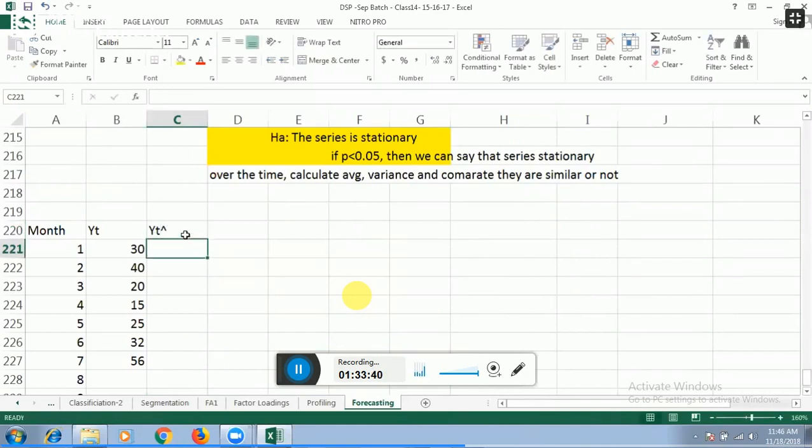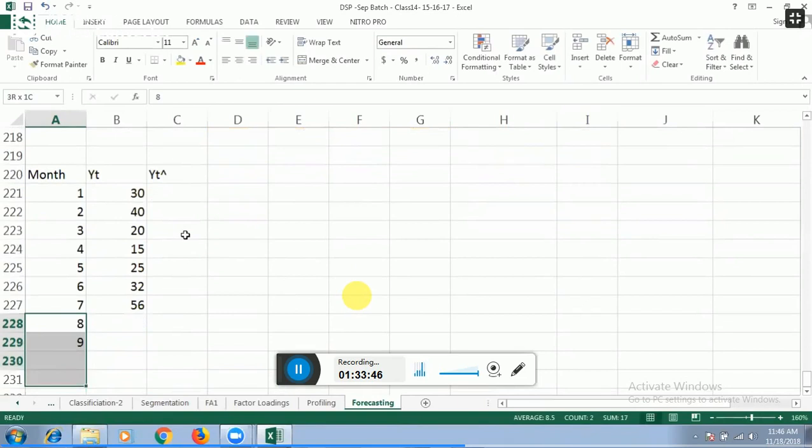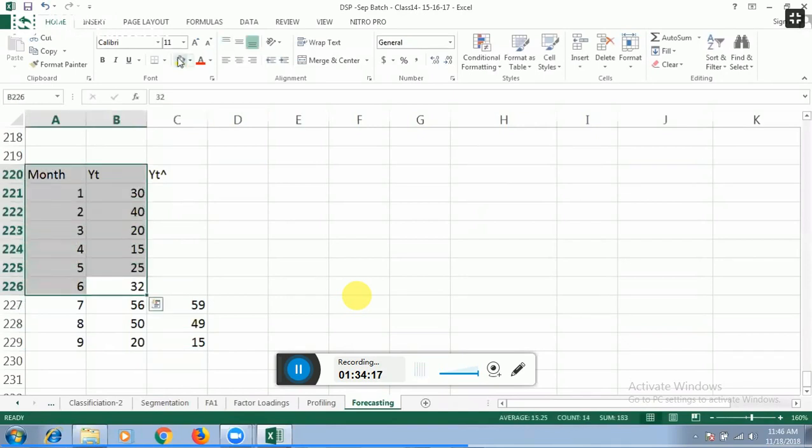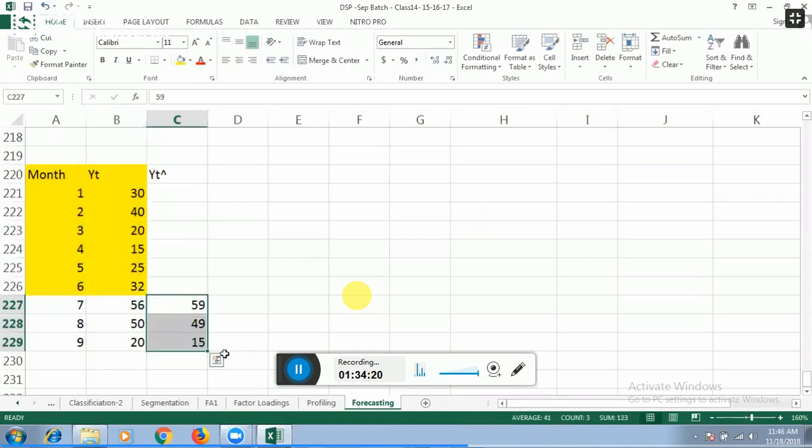I come up with some kind of model, and I use the data for 6 months to build the model and want to forecast for the next 3 months, for which I already have the actual values. Now you forecast it as 59, 49 and 15. So this is your forecasted values, built on this time period. Now how can we calculate the accuracy?